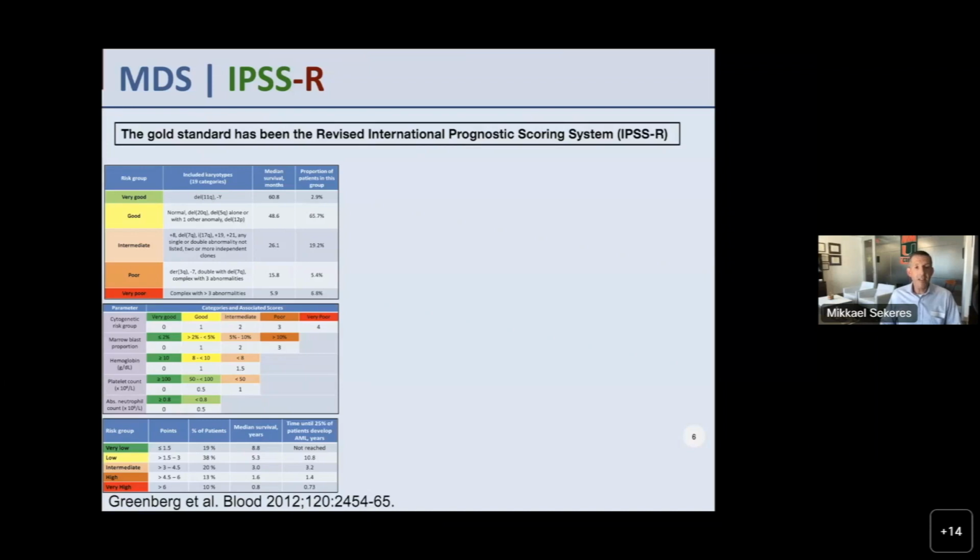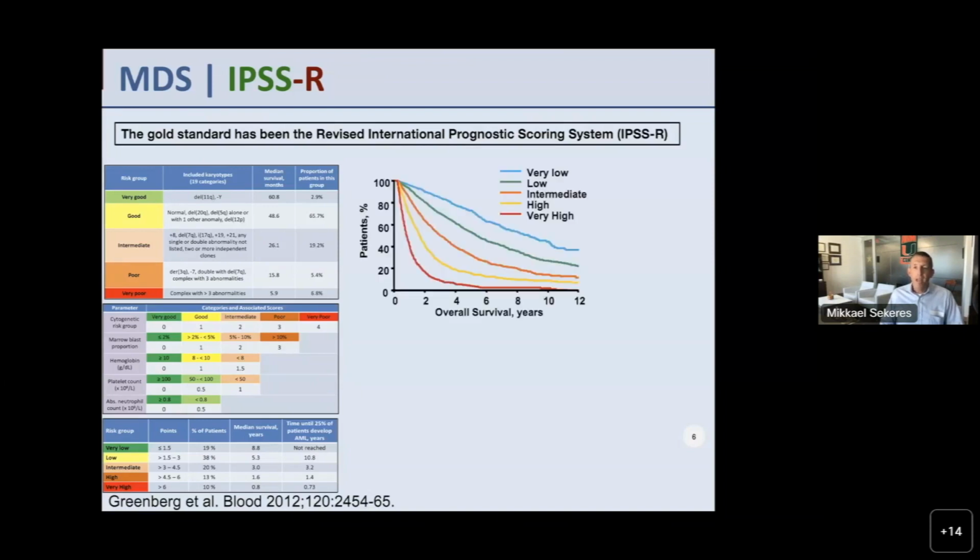On the other hand, patients who come into our clinics and have very good risk karyotype, like a -Y mutation, have a low blast percentage, let's say 1% blasts in the bone marrow, and have maybe just an isolated cytopenia, have a median survival that may be measured in almost a decade. Here are the curves for the different classification groups within the revised IPSS.